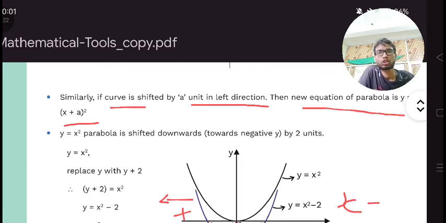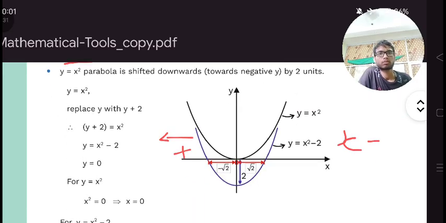y is equal to x square. The parabola is shifted downwards, towards the negative, by 2 units. Here it is talking about this downward shift by 2 units. y is equal to x square. Replace y with y plus 2.